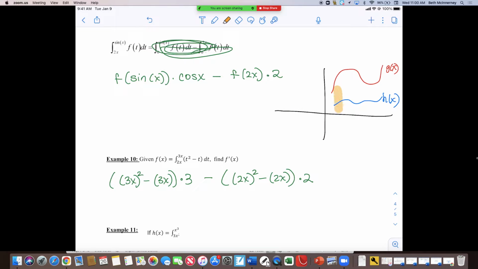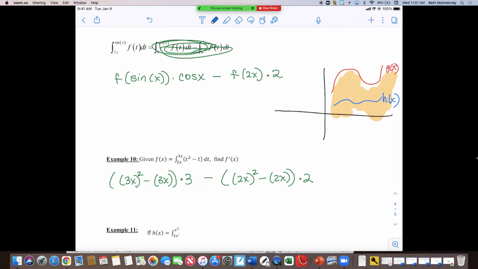Do you understand that if I did the integral of g of x, that's everything under g of x? But then when I do the integral of h of x, you see I've double counted this bottom part. It's in here and then it's in here. So I have that area under the h of x twice. That's why I'm doing the subtraction there. So that's the why.